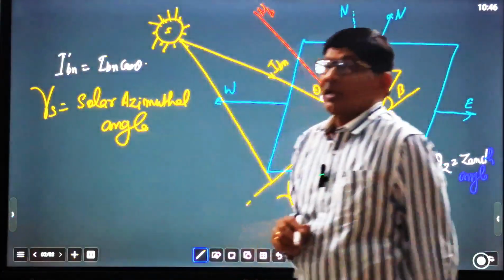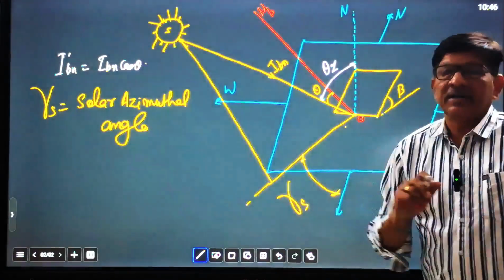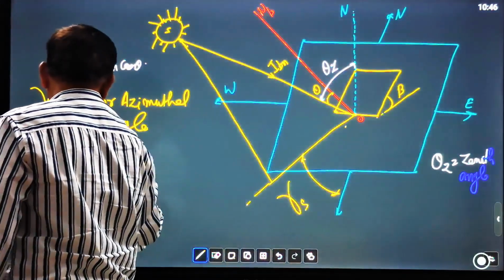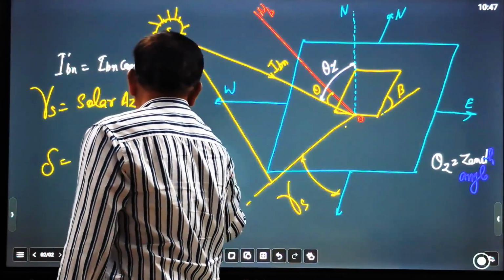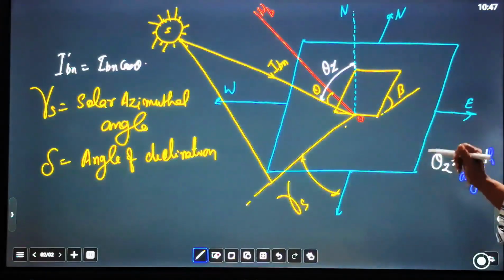Other angles: beta I have already defined, and delta is the angle of declination, which is not shown in this figure, but you know it.